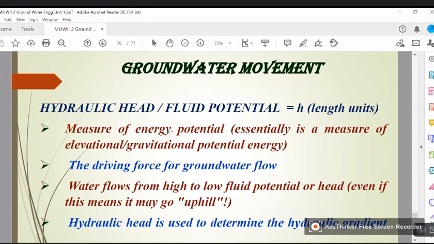Essentially it is a measure of the elevational or gravitational potential energy. It is pressure energy. So due to this difference in pressure, the flow will take place because at one point the pressure is higher and at the other point the pressure is lower.